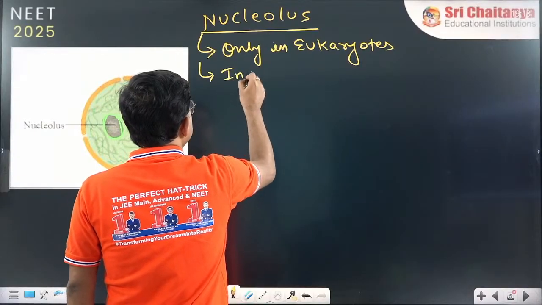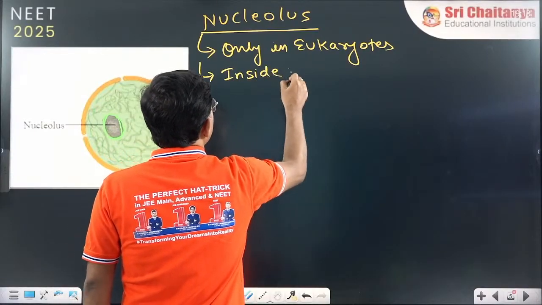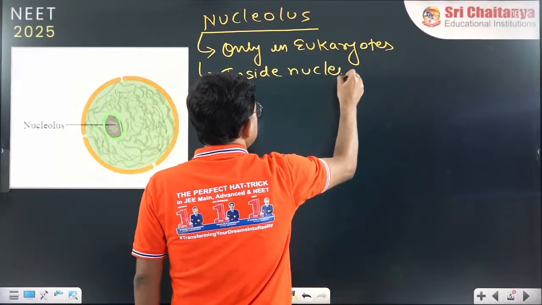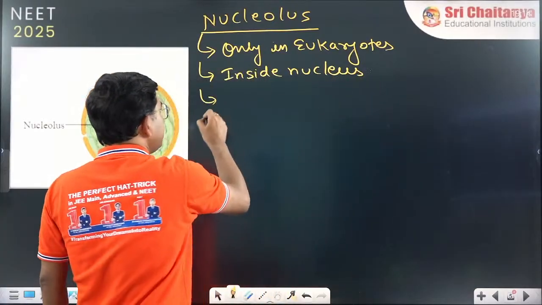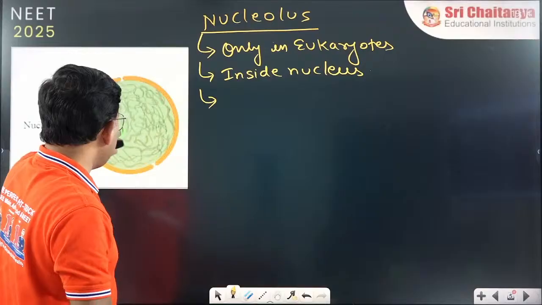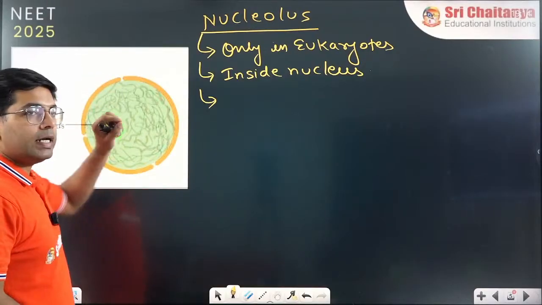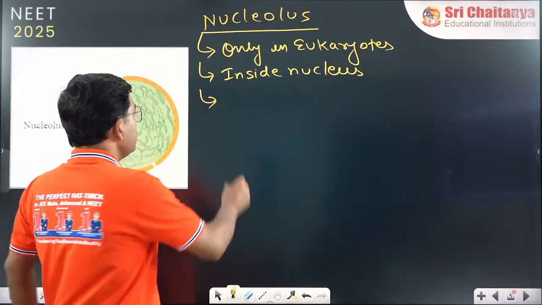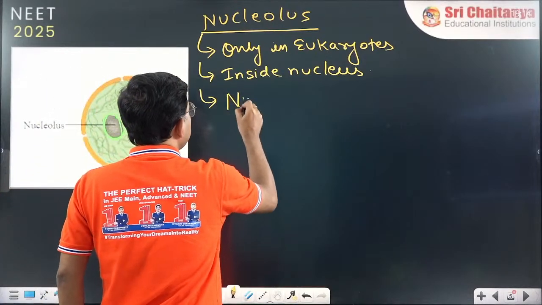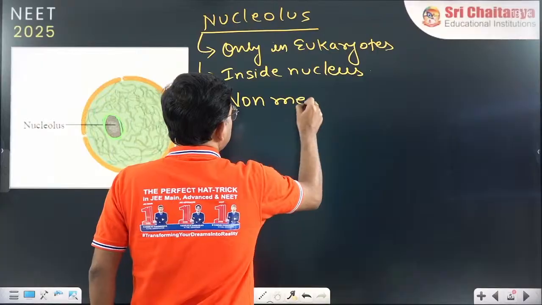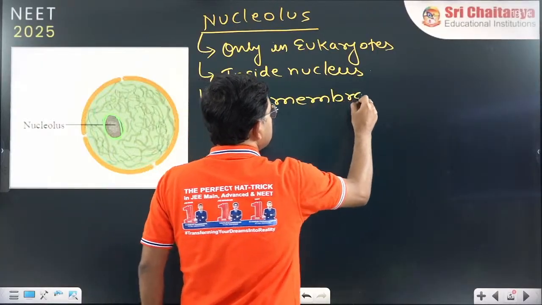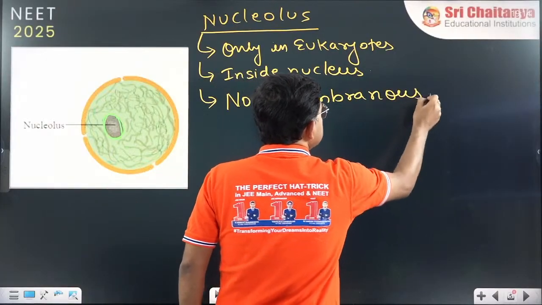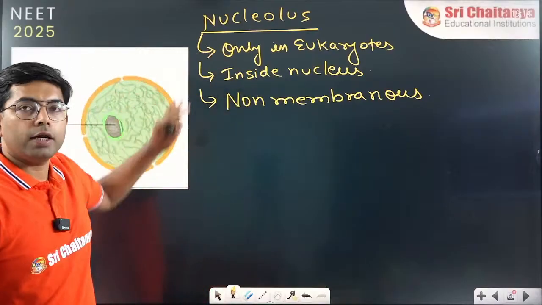It is present inside the nucleus. Then the question comes, is it bound by membrane? It appears as a sphere, but does it have an outer membrane around it? So it is non-membranous. Means there is no membrane surrounding the nucleolus.